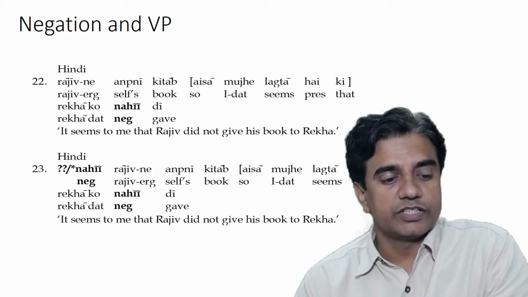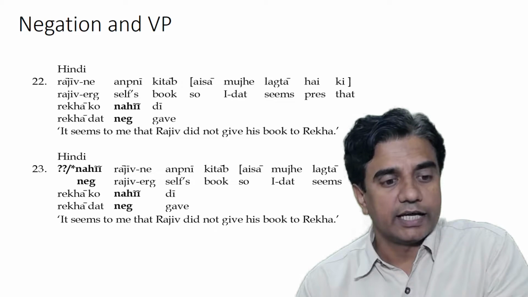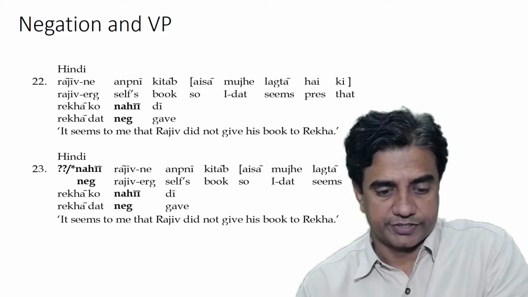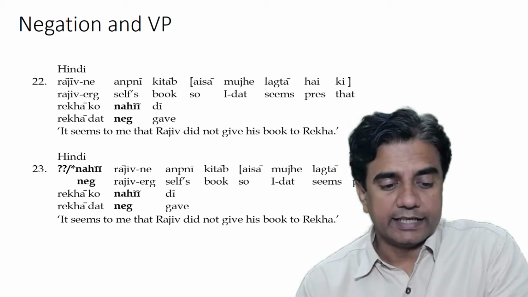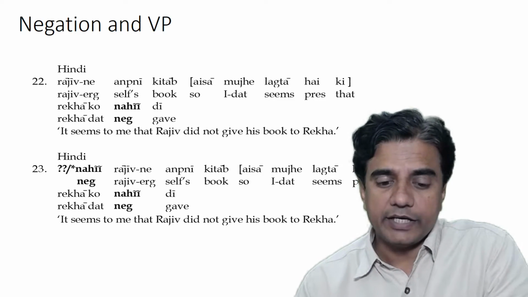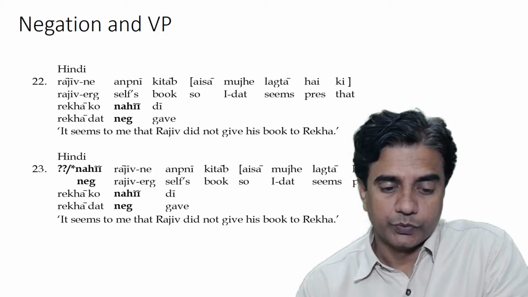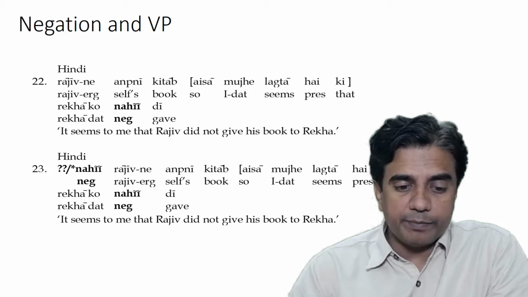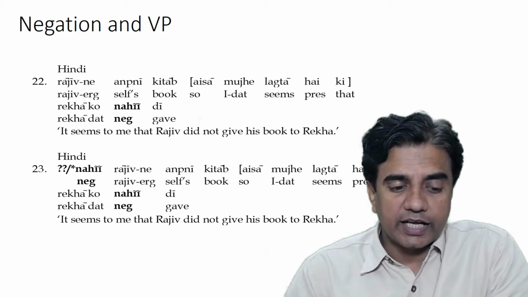Sentences 22 and 23 help us understand negation and the verb phrase. We see that there is an embedded clause in 22, which is in between the object and the verb.